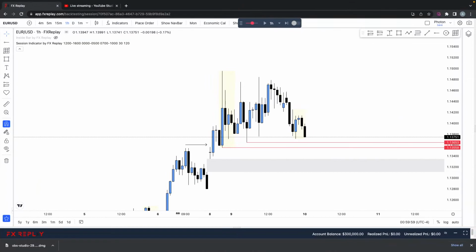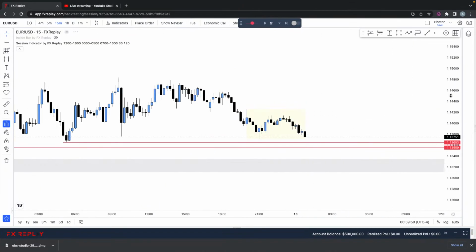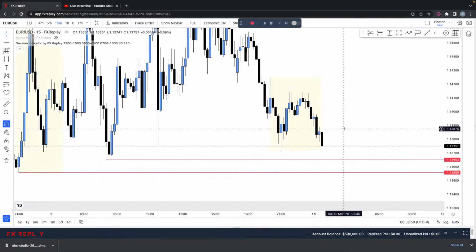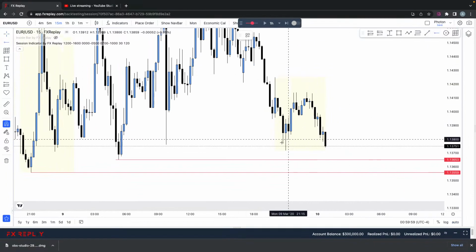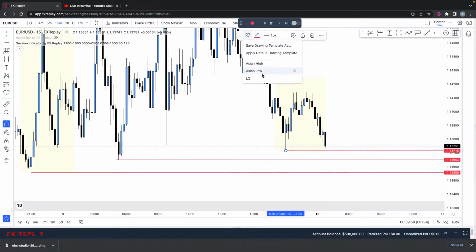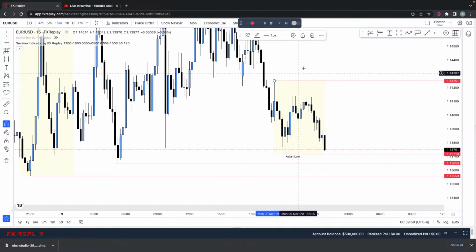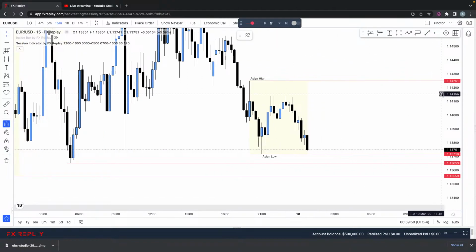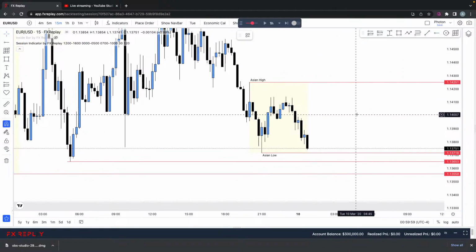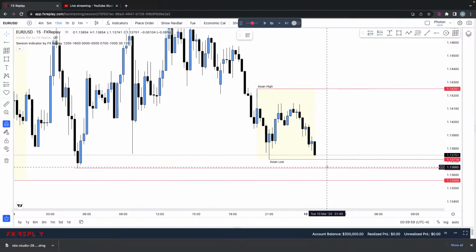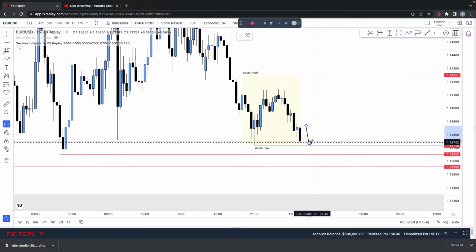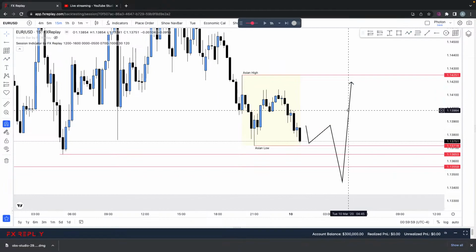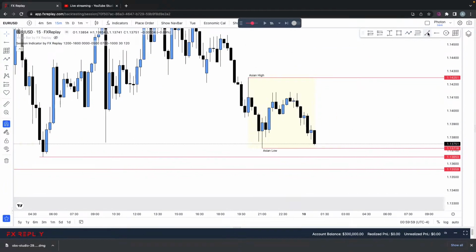Now let's go down to the 15. And okay, so Asian low right there, Asian high right there. So what am I looking for? Looking for a drop down, something like this, and a move up. So we have the opening price, midnight?